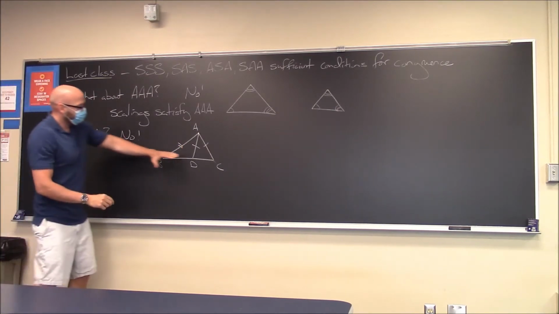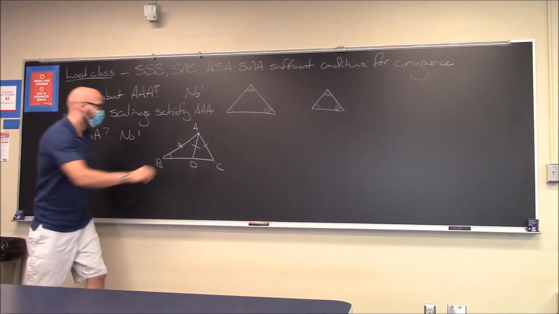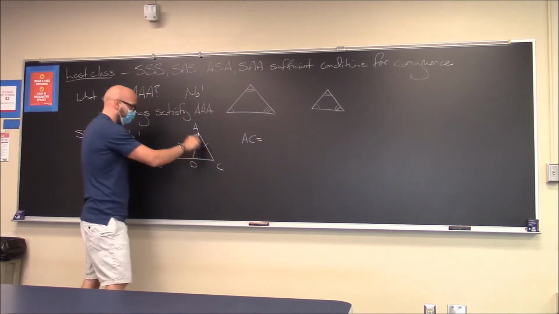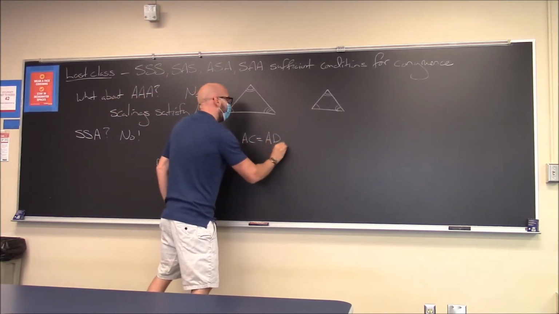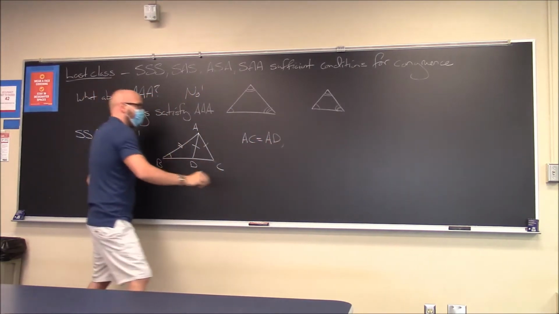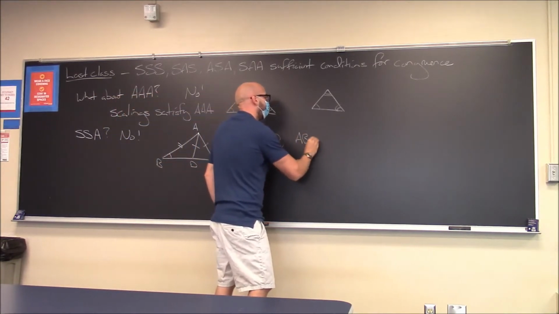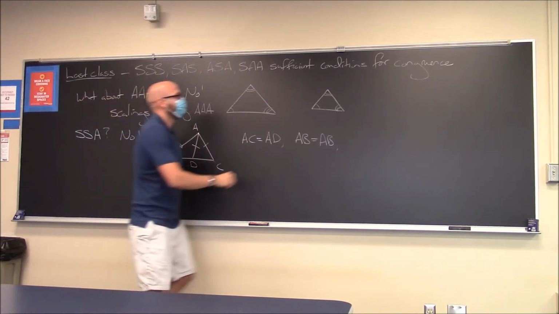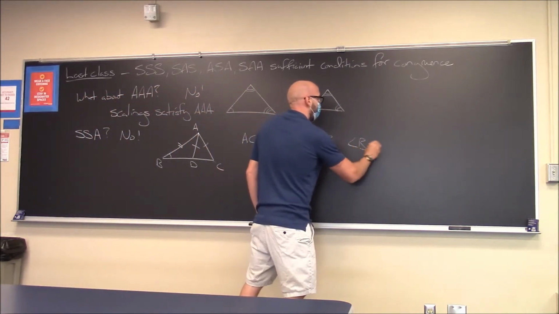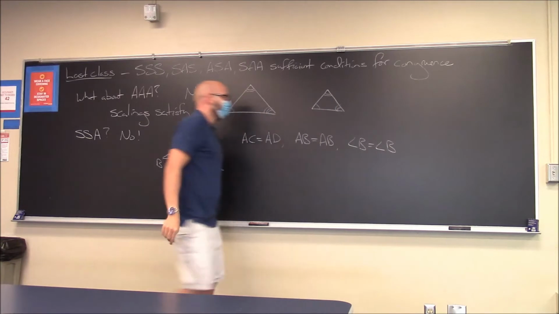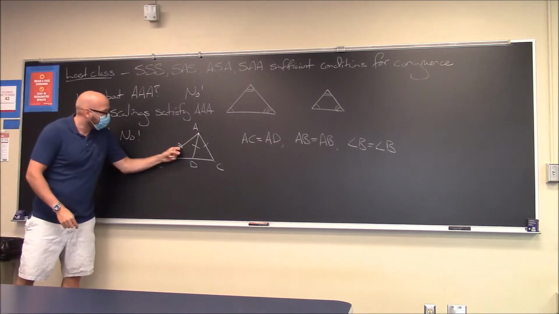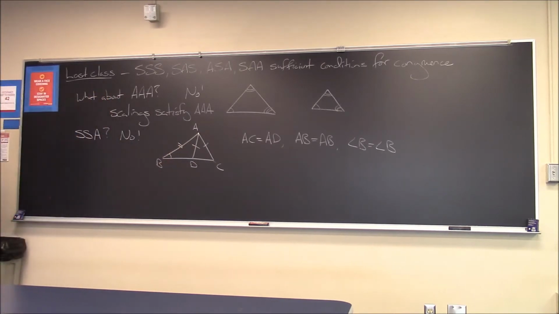Okay, so I have two different triangles sort of drawn on top of each other, where AC is the same length as AD. AB is the same length as AB in both of them. And angle B is the same as angle B. So these two triangles do satisfy SSA, right? Side, side, angle. And yet they're not congruent.